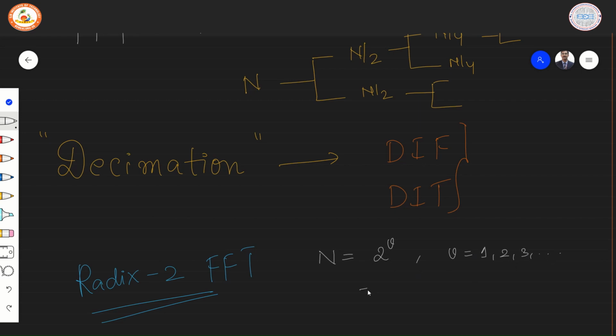So powers of 2, we know the answer is 2, 4, 8 and so on. If the expression of N satisfies this particular condition, then it is called the radix 2 method. Similarly, if the number happens to be a power of 4, it is called the radix 4 method.